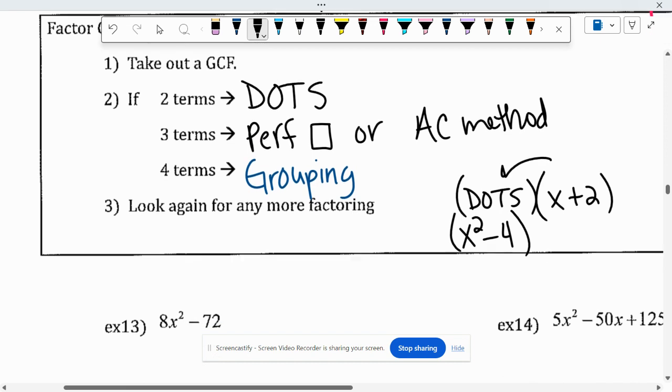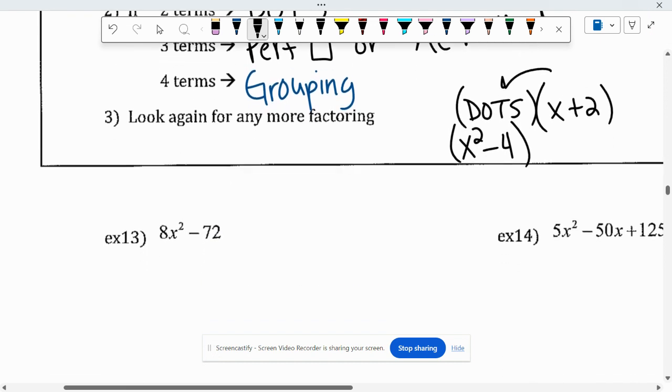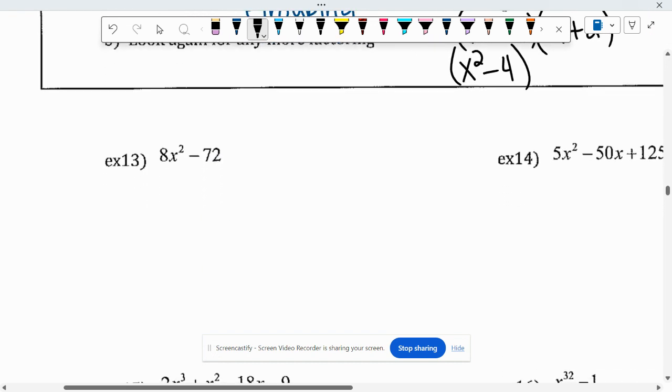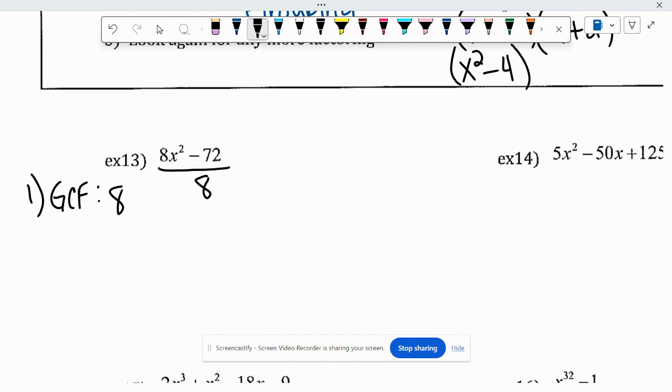Okay. So let's look at our first one. Step number 1. Is there a GCF? Yeah, 8. That means I'm going to divide both of these by 8. So when I take an 8 out, I'm left with x squared minus 9.